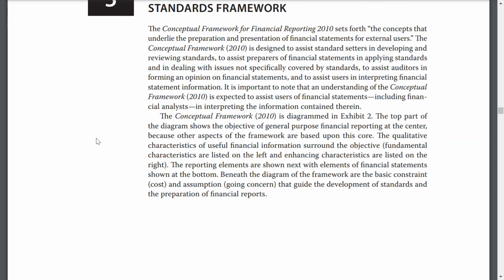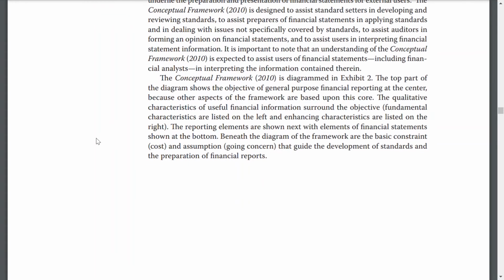Because other aspects of the framework are based upon the core, the qualitative characteristics of useful financial information surround the objective. The reporting elements are shown next to the elements of financial statements at the bottom. Beneath the diagram are the basic constraints and assumptions, or governing concerns, of the guidelines developed for the standards and preparation of financial reports.